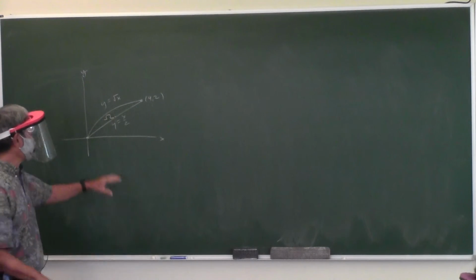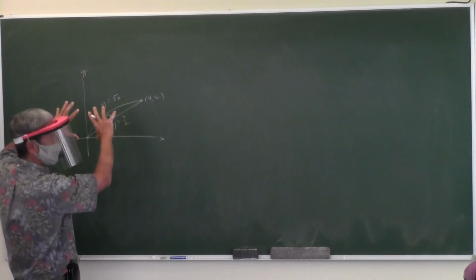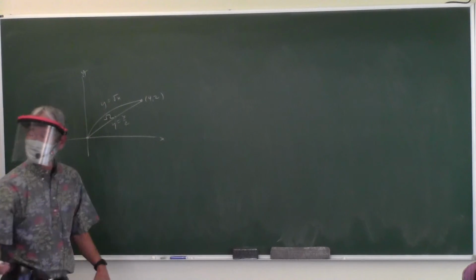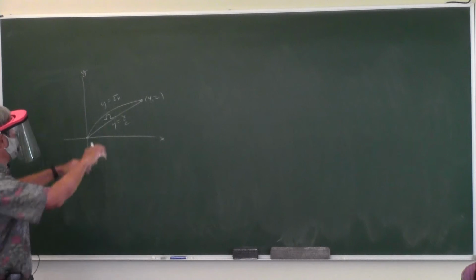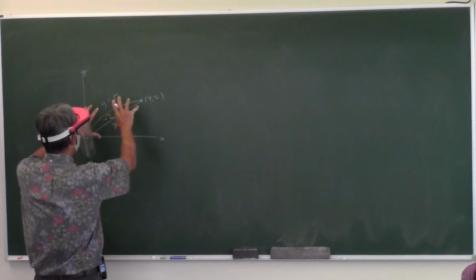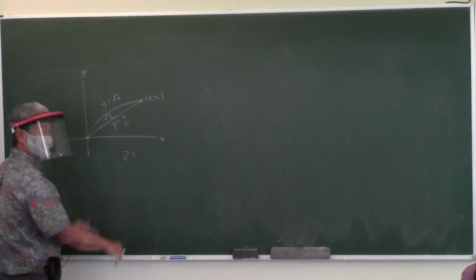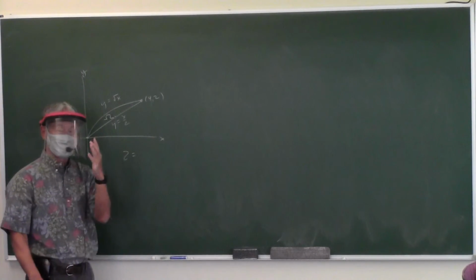And now, what if you have a surface on the top? Somebody give me an equation of a surface, like the one on your homework, z equals x cubed y. Give me another. Can we be a little more creative?